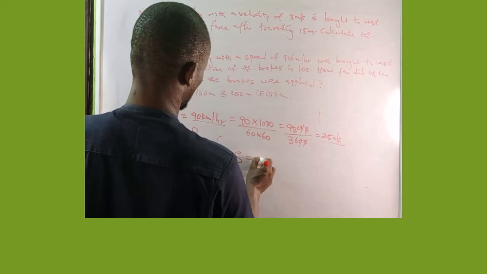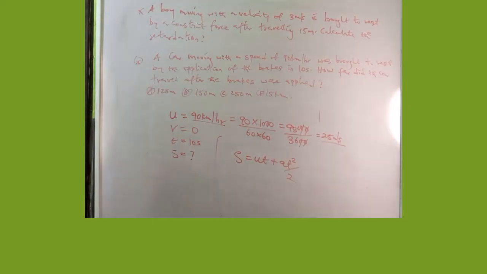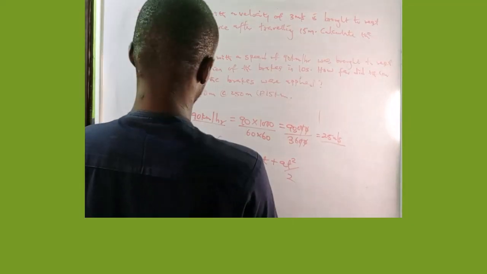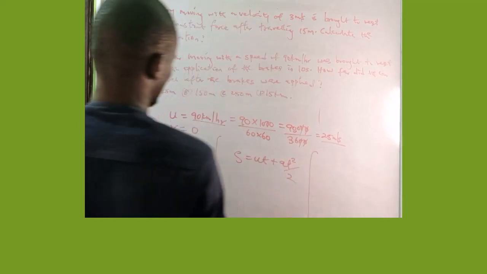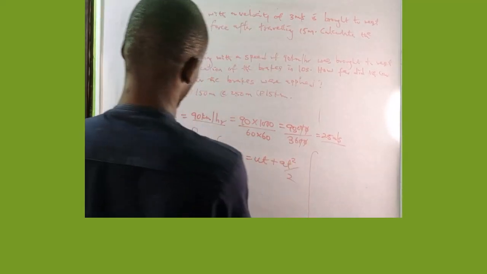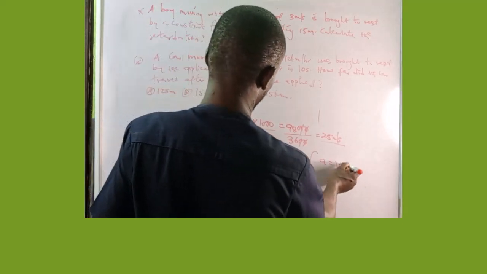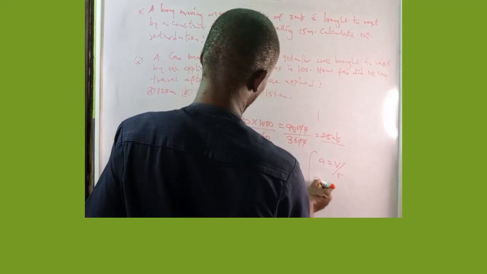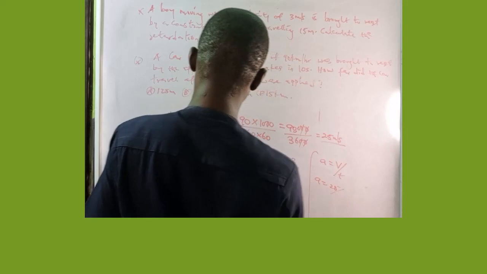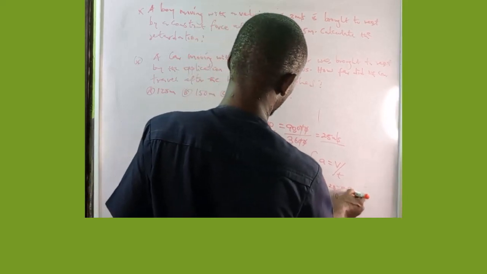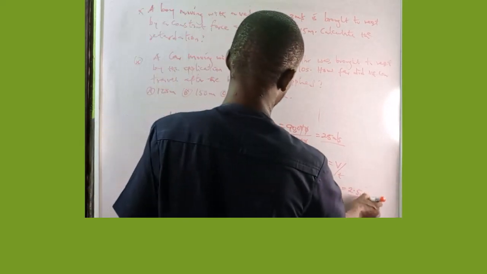S is equal to ut plus at square over 2. Do you know the s we are looking for? Do you know u now? Very important to take note that since we do not know a, a becomes this velocity over t. So a is equal to 25 over time, which is 10, which is 2.5 meter per second square.